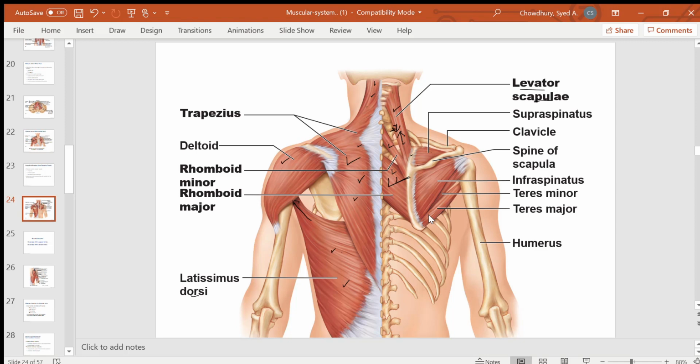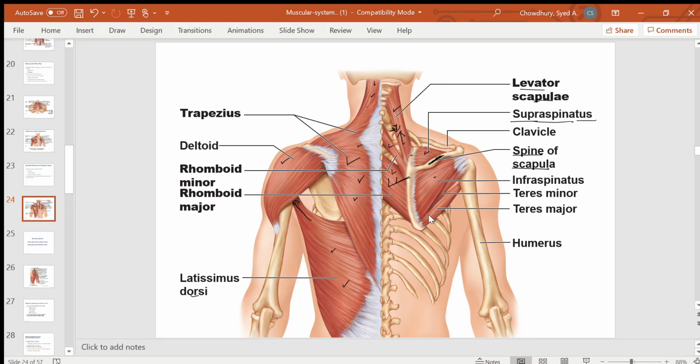Now here you see this is the spine of the scapula. You must remember in the back of the scapula you have a spine, and above the spine this muscle is called supraspinatus. Makes sense? Supra means above the spine, and below the spine this one is infraspinatus.